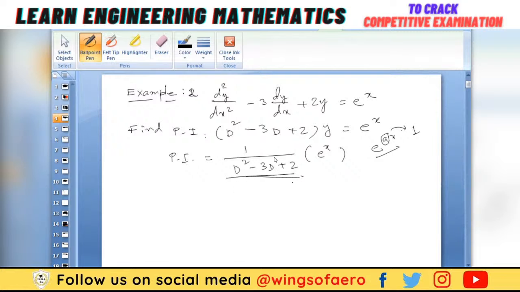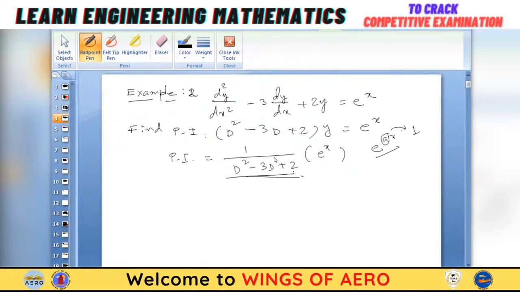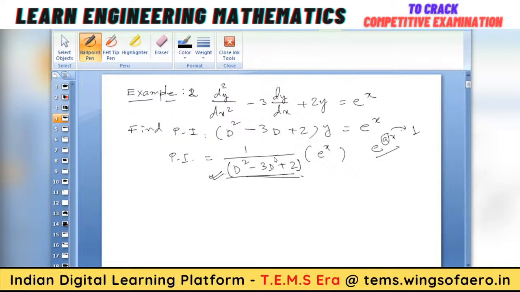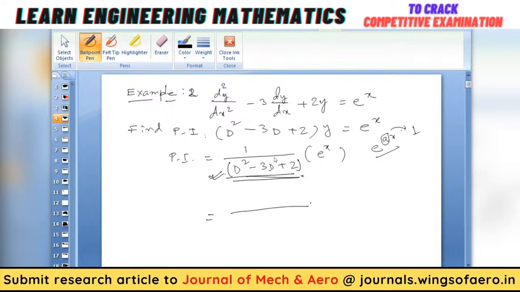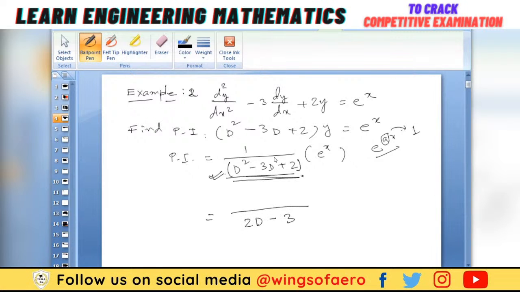If this kind of situation occurs, that is, after putting d is equal to a the denominator becomes 0, we should take the derivative of this denominator part. Not d square equal to 1, no, we should take the derivative of the denominator part. It becomes 2d minus 3.